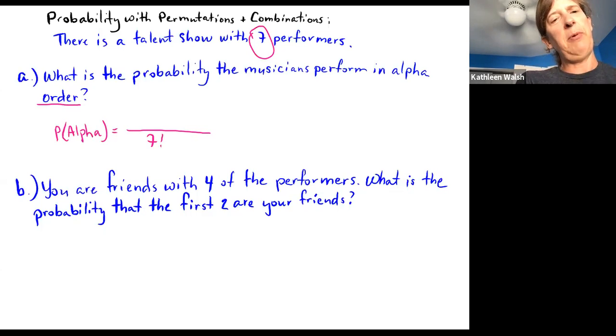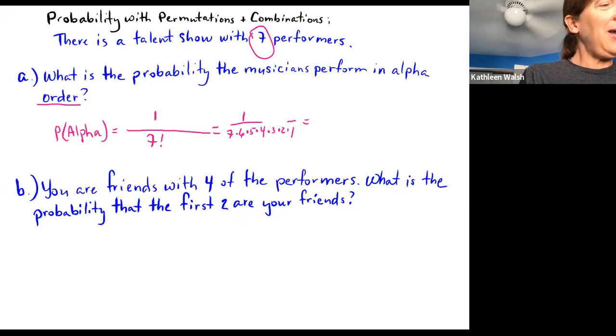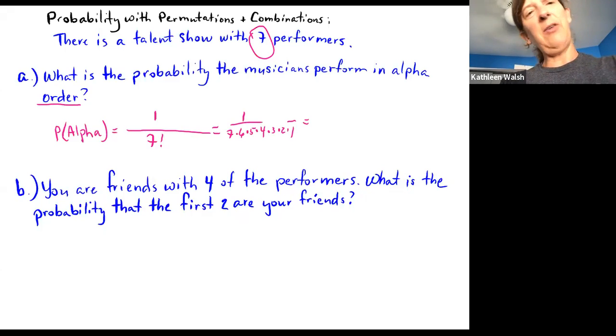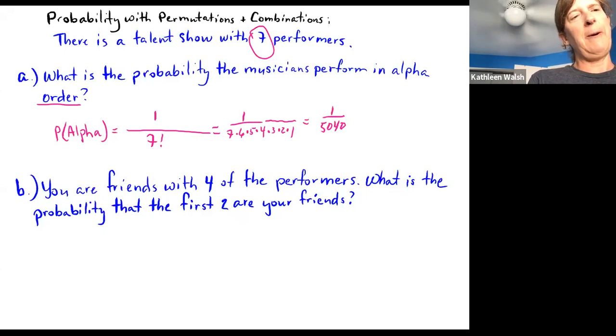I can simplify this and say that is equal to 1 over 7 factorial, which is 7 times 6 times 5 times 4 times 3 times 2 times 1. Using my calculator, that is equal to 5,040. So there is a 1 in 5,040 chance that the 7 performers are called in alphabetical order.